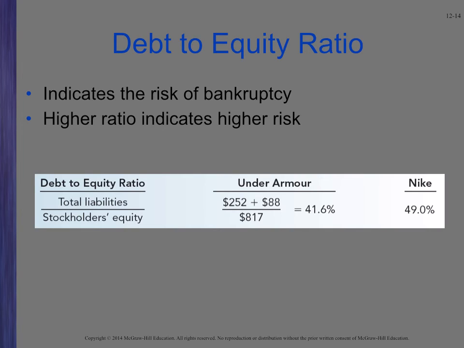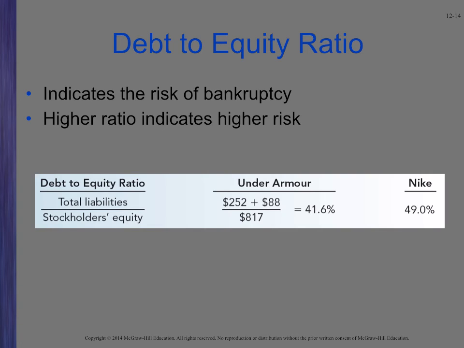The first long-term risk ratio is the debt to equity ratio. This ratio indicates the risk of bankruptcy or solvency. A higher ratio indicates higher risk.